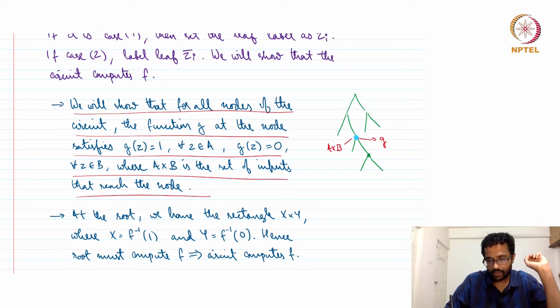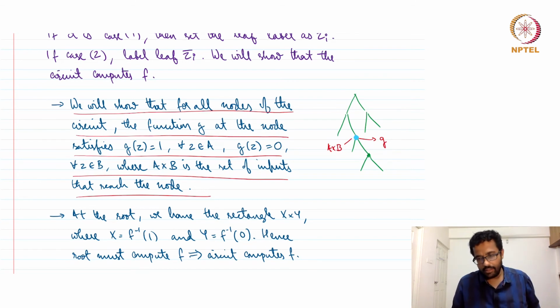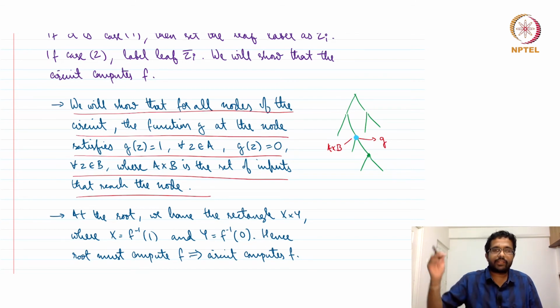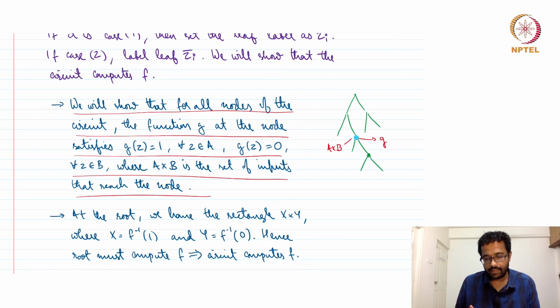This is the claim. So you look at any node in the tree, look at the corresponding set of entries that will reach that node in the communication complexity protocol. Suppose it's A cross B, then for any x in A, G of x is equal to 1, and for any y in B, G of y is equal to 0.